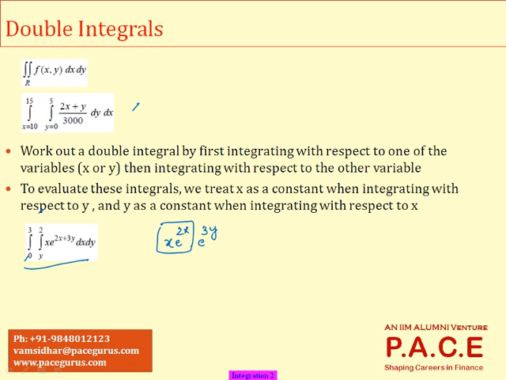This is a constant. And when you are integrating with respect to y, this is a variable. This is a constant. That's the way it works out, right? All right. And now I need to do the integration like this. Okay, so first let me start doing the integration with respect to.